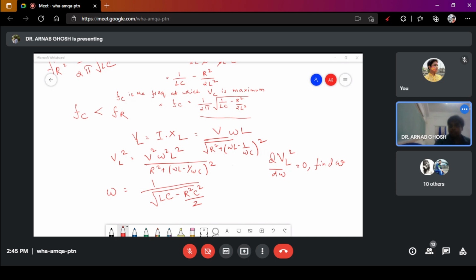Okay, so please focus on this. This is the frequency at which the inductance voltage is maximum. So please look at the graph. If you are plotting, say this is F and this is V, let us say.